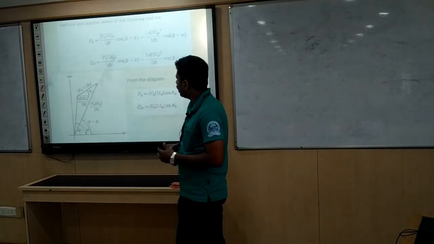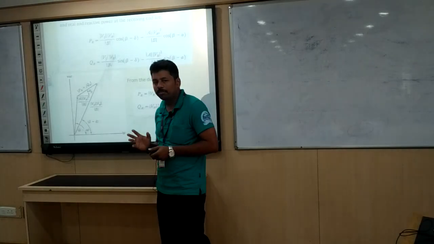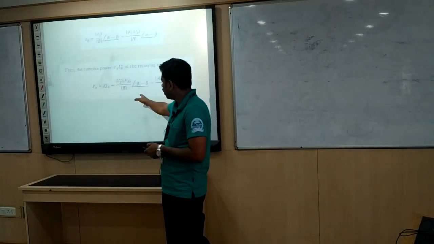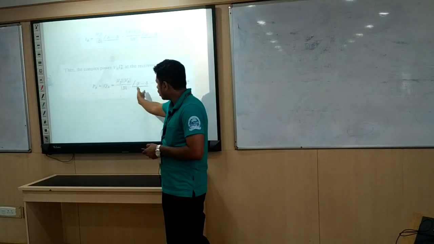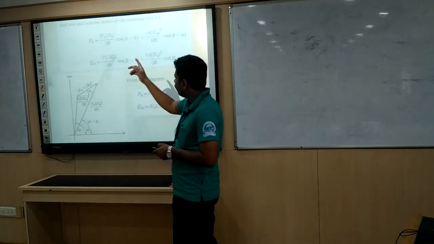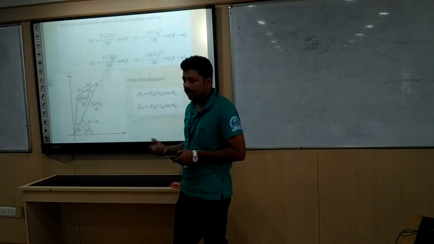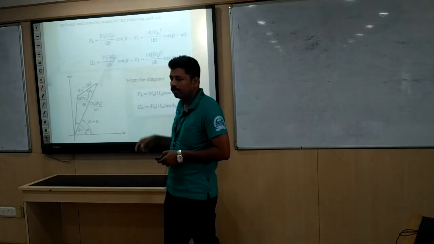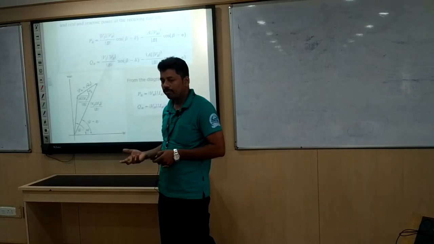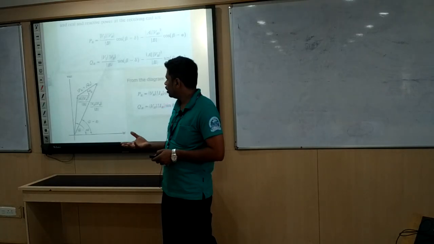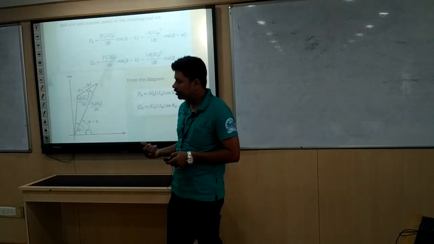If you divide the previous expression into a real part and an imaginary part, we have two expressions: one for receiving end real power, the other for receiving end reactive power. You can see that if you operate with the cosine term, it is the real power of the receiving end, and the other is the reactive power of the receiving end.